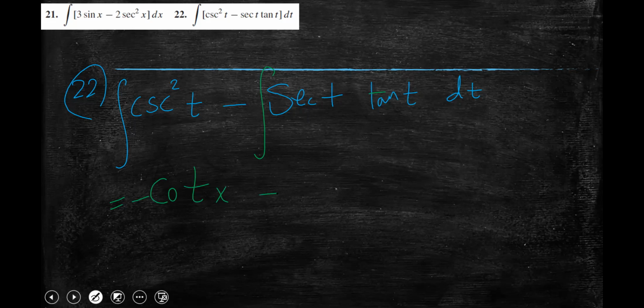Minus, what is the integration of secant tan? Secant, thank you. Secant t, sorry, not x, t. So the answer is negative cotan t plus secant t plus c.